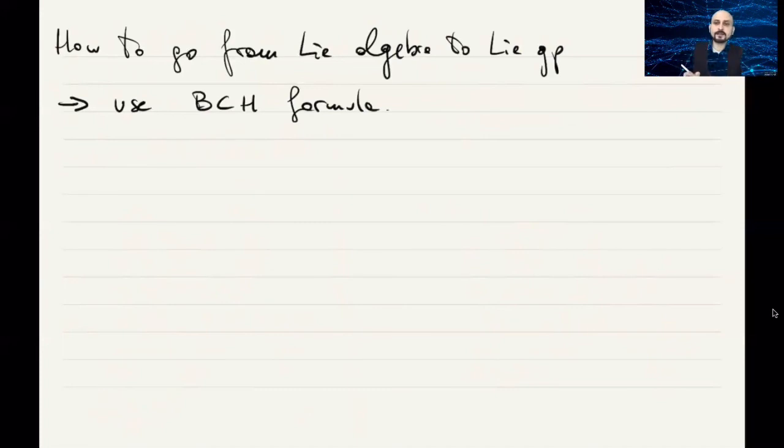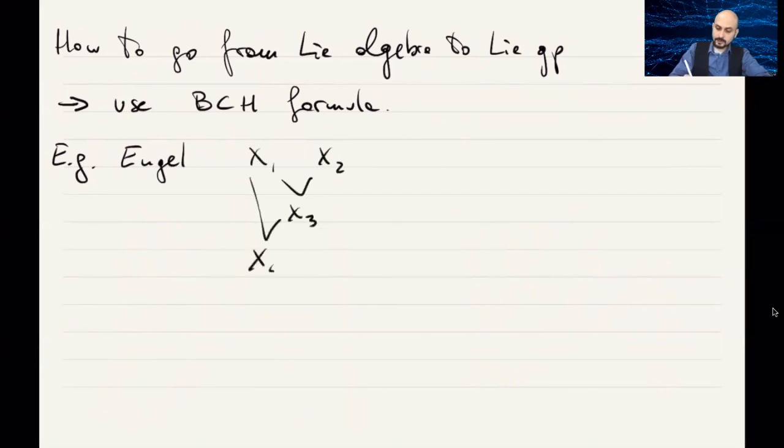Okay, let's see how to do it in an example. Let's take an example for which we didn't give the group law, the angle group. Let me remind you the diagram. So this was the diagram, okay? From the diagram, you see that this is step 3.